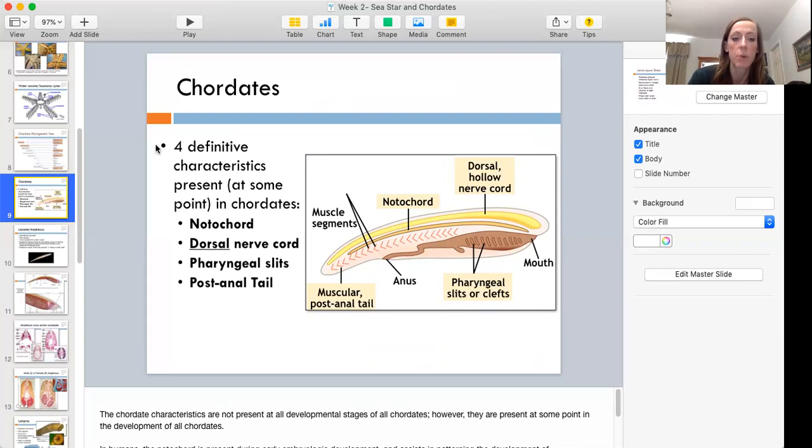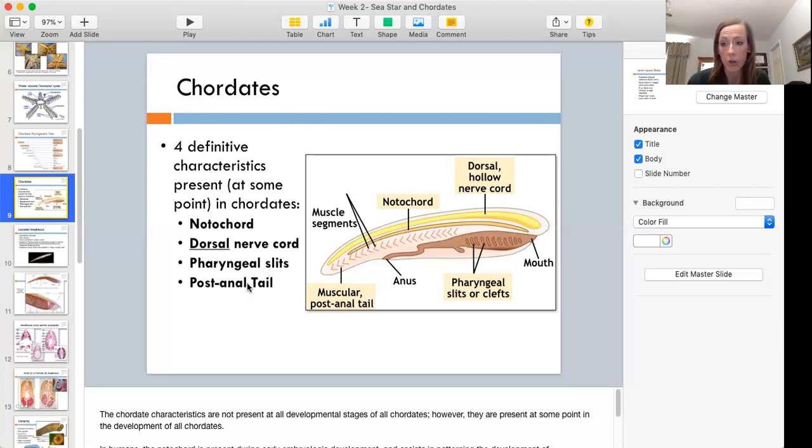Okay, so these 4 characteristics you should know are the presence of a notochord, which is a supportive structure, a dorsal nerve cord, so nerve cord or spinal cord located on the dorsal side, as opposed to last week when we looked at the crayfish and the Nereis. They had their nerve cord on the ventral side, if you recall, right, towards their chest or their abdomen. In this case, now we have the location of the nerve cord or spinal cord on the dorsal side. Okay. They also have pharyngeal slits and a postanal tail.